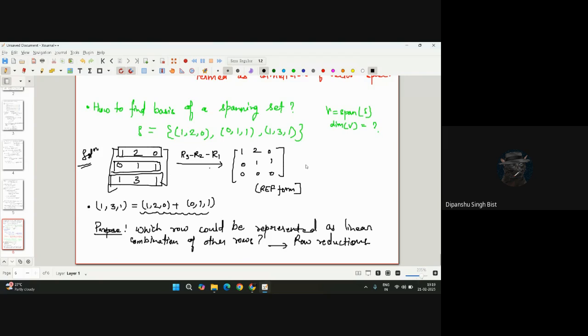The non-zero rows of the REF represent the independent rows.